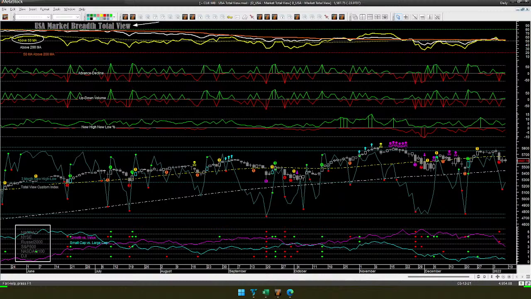In the previous weekend webinar, I showed that the percentage of stocks above 50 was at the 50% level, and it has not changed. So it was in a downtrend, recovered to the midpoint. If it goes down, it will be bearish.